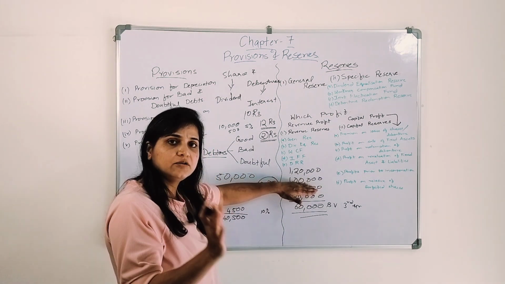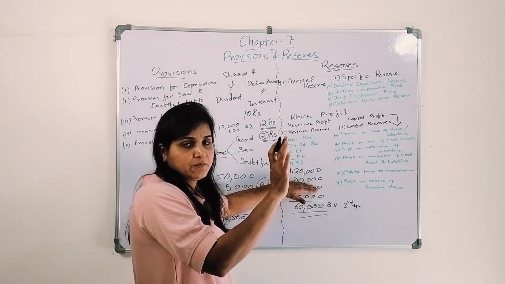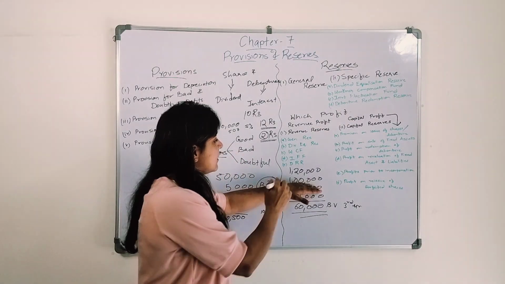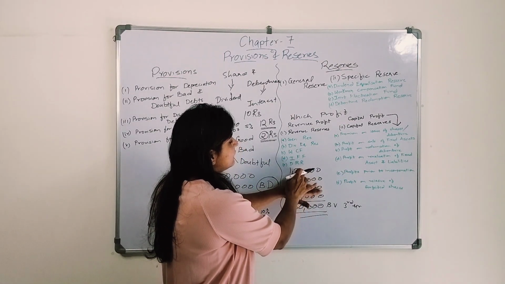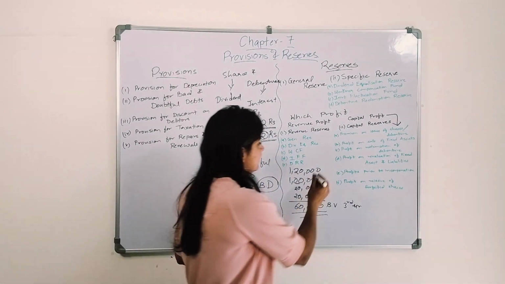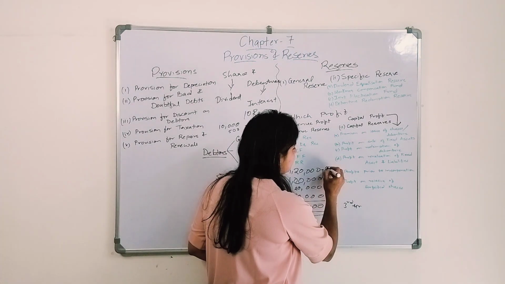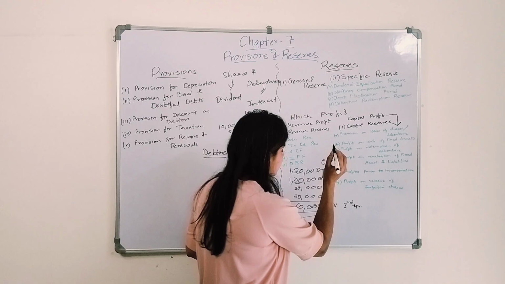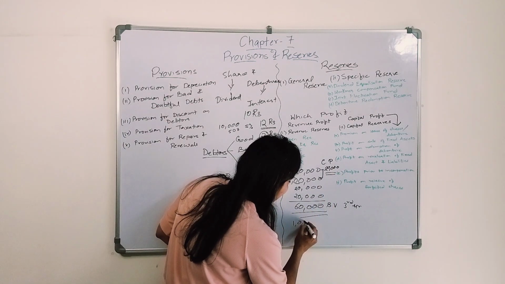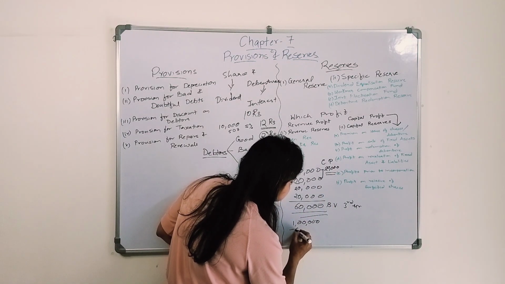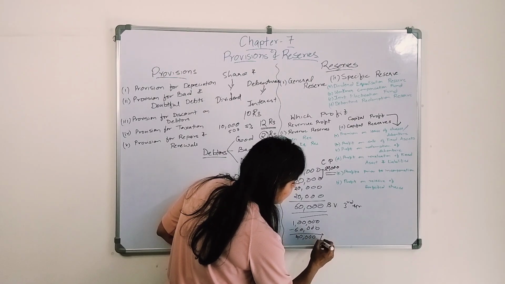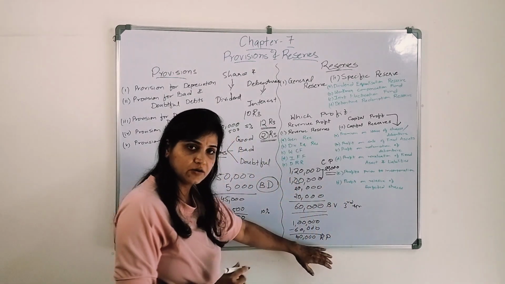Over and above the purchase price of that asset, which was the original cost of 1 lakh, you got 20,000. So this 20,000 is known as capital profit, whereas 1 lakh minus 60,000, that is 40,000, is considered your revenue profit.